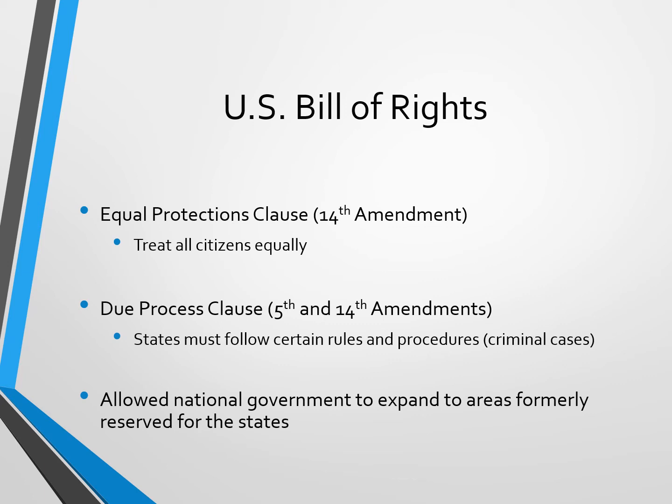So that's due process, and it allowed national governments to expand into areas that were formerly reserved for the states. So it's basically these constitutional pillars, the Bill of Rights, that have contributed to the expansion of the federal government and its ability to have a say in what's going on in our lives.